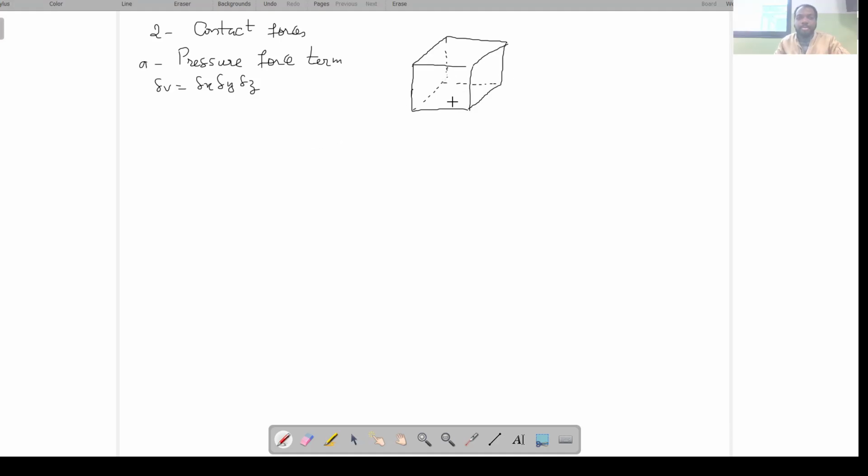This is delta Y, the dimension in the Y direction, delta X, the dimension in the X direction, and delta Z, the dimension in the Z direction.